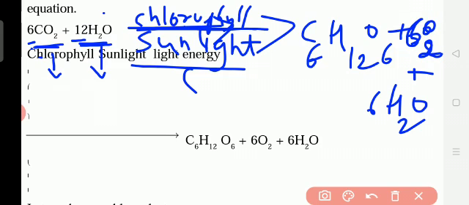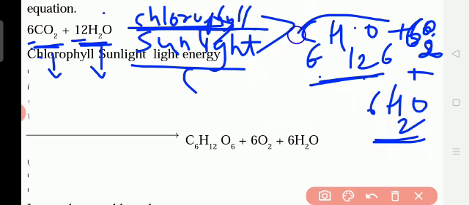Then this is the glucose, C6H12O6, and the next one is 6H2O, where H2O is the water. So during photosynthesis, what does it release? It releases glucose, C6H12O6, and then oxygen and water.